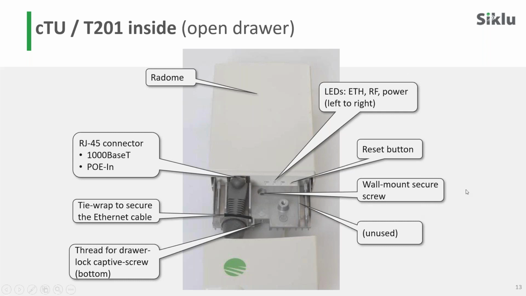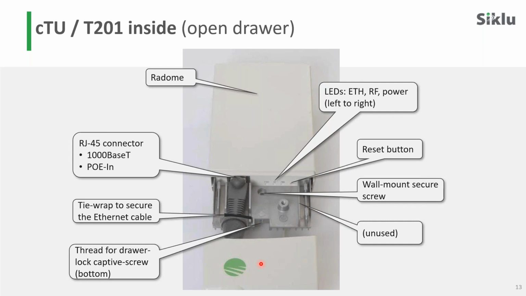You can see, to bring up a laser pointer here, on the unit the thread where the captive screw, which is captive to the bottom drawer, will screw in and lock the door in place. And as I said, the screw in the door is captive, so nothing to be concerned about when you open the door.